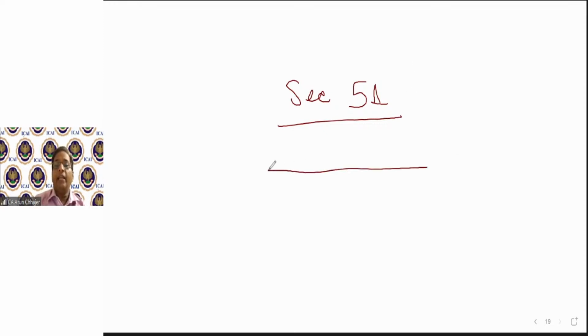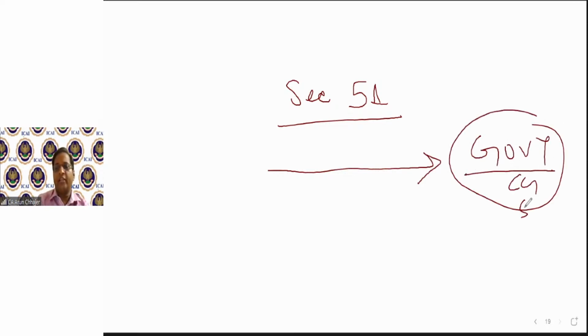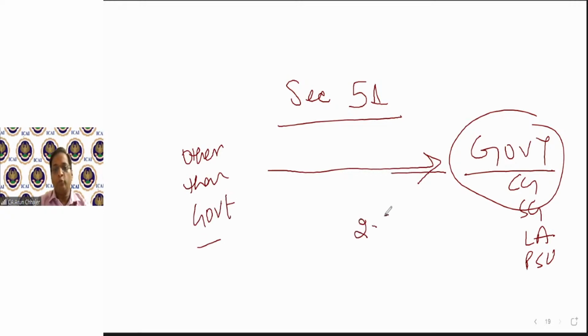If any person is making the supply to the government, like central government, state government, local authority, PSU, public sector undertaking, etc., other than government, is making the supply to the government and it is more than 2.5 lakhs per contract.